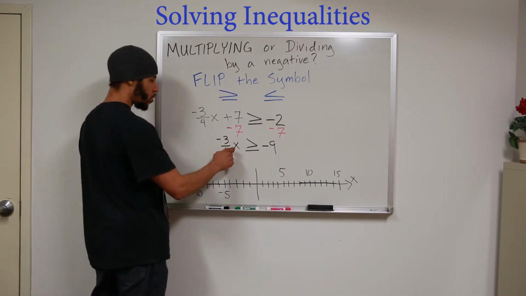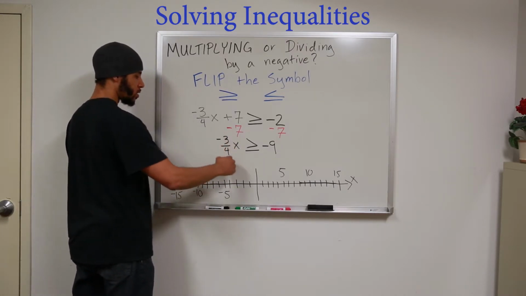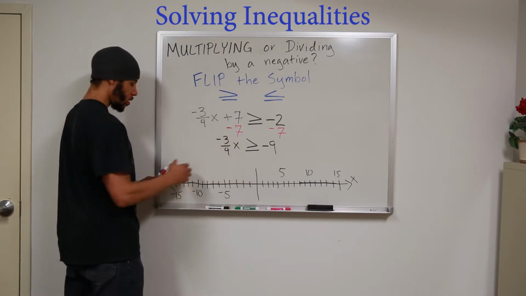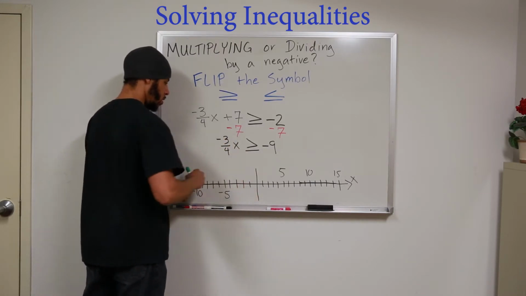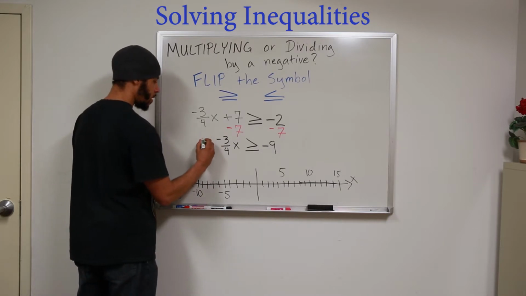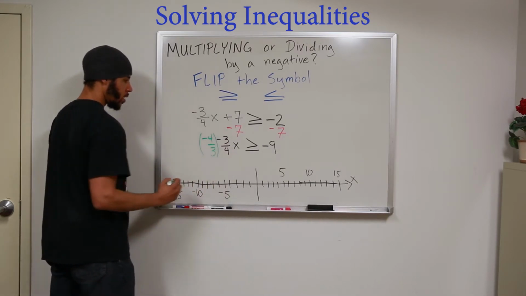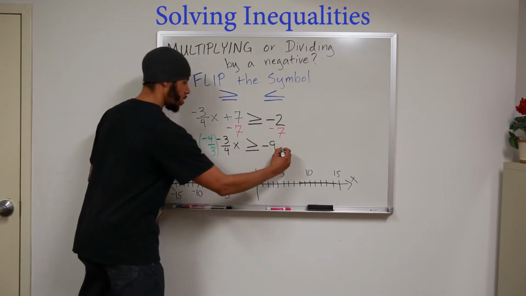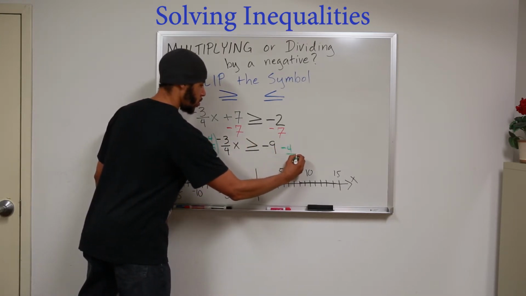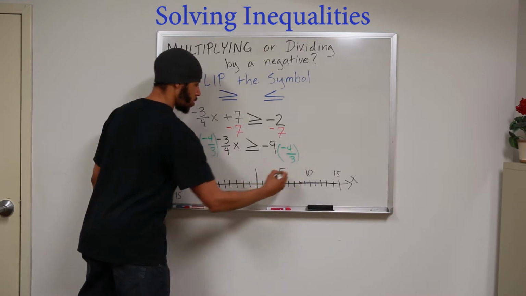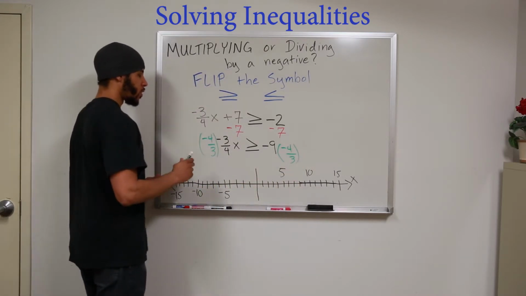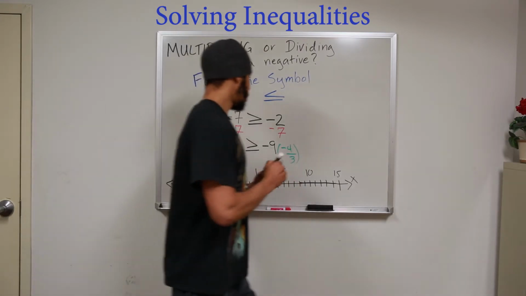We need to multiply both sides by the reciprocal of our coefficient right here. So we're going to multiply by negative 4 over 3. And to keep the integrity of our inequality, negative 4 over 3 is going to happen here as well. I'll come over to the other side of the board for more space here.